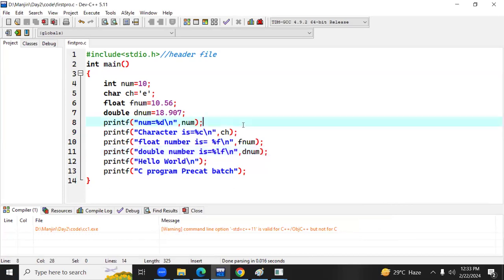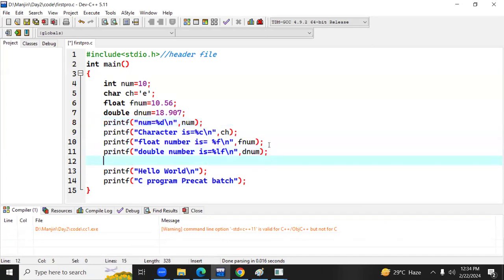Clear to all of you? Yeah, I'm just showing you something different. By default, it is taking 6 precision.